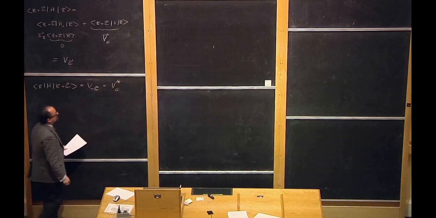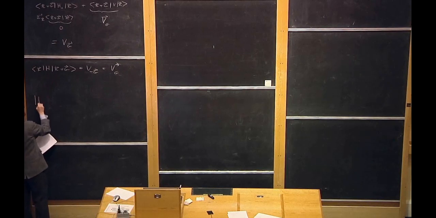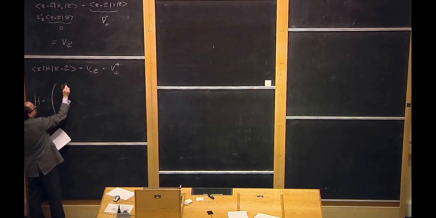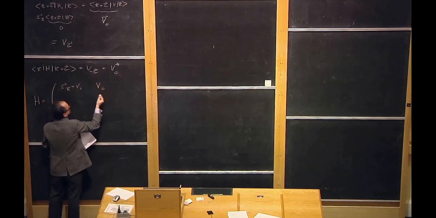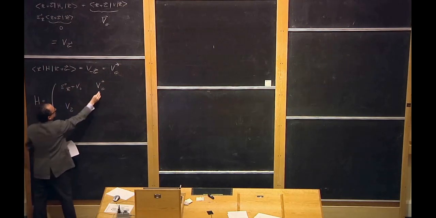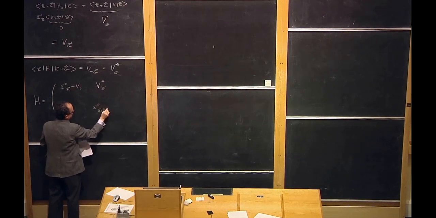It's the complex conjugate of its partner up here. So now we have our Hamiltonian, our 2 by 2 matrix we can write down, which is E₀(k) plus V₀, and we have V sub G up here, V sub G star down here, and E₀(k+G) plus V₀.